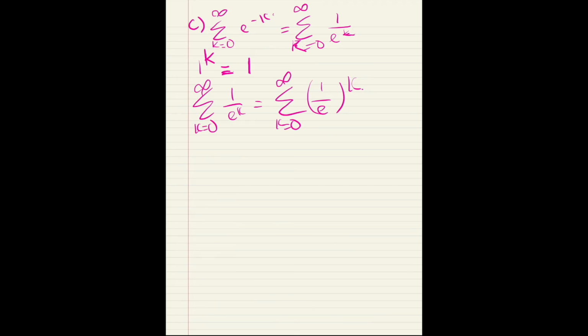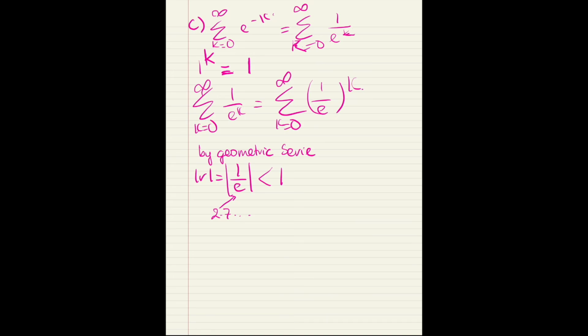So by geometric series, the absolute value of r equals the absolute value of 1 over e, which is smaller than 1, since e is just 2.7 something.